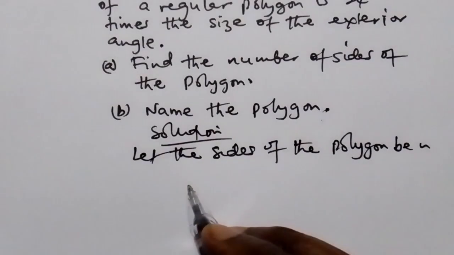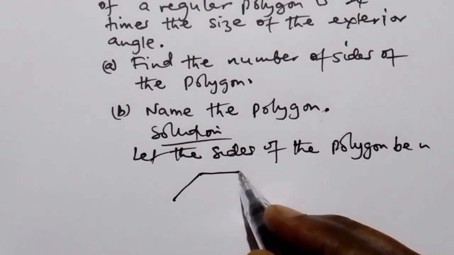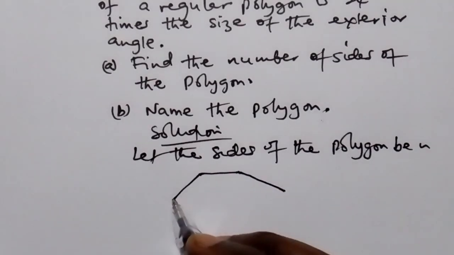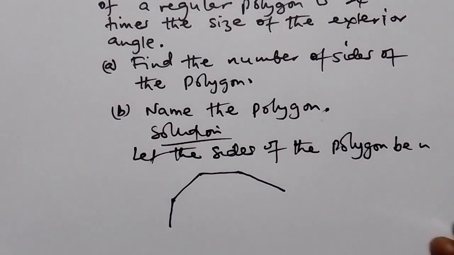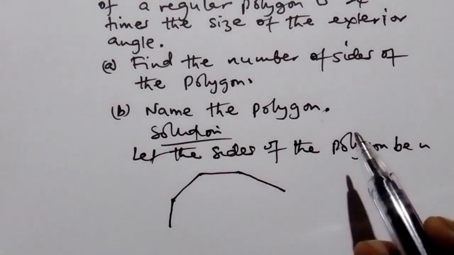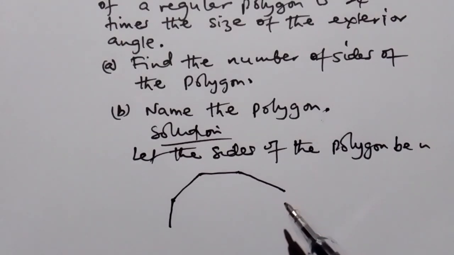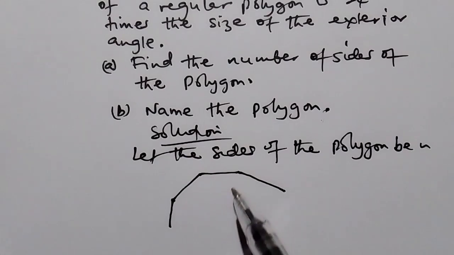A polygon is just something like this, sketch here. The sum of the interior angles of a regular polygon is 24 times the size of the exterior angle. So let the number of sides of the polygon be n.